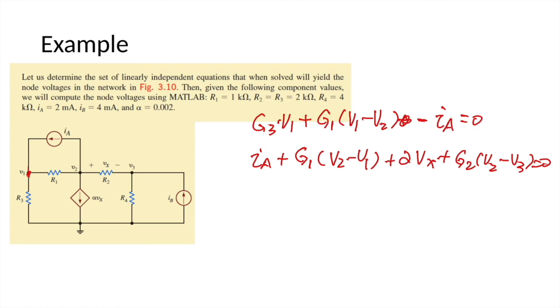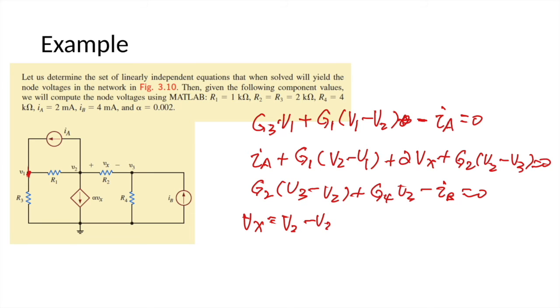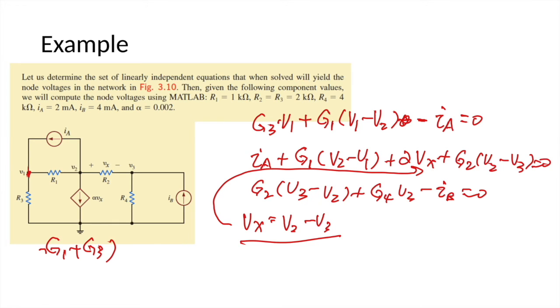And also we have Vx equals V2 minus V3. So by plugging Vx into the equation, we can obtain the equation in the matrix form. So that is the G1 plus G3 times V1 minus G1 times V equals IA.